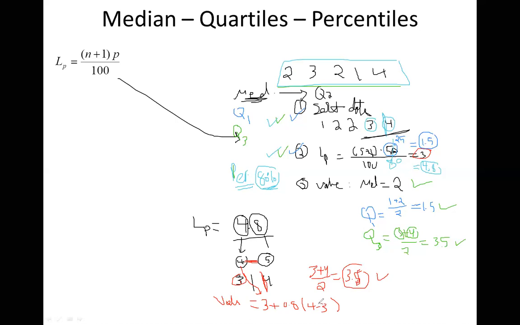What are we doing now? We are actually calculating a weighted average for these two values. I'm not giving the two values the same weight. If you say 3 plus 4 over 2, you are assuming the value 3 has the same weight as the value 4, and each one of them has a weight of half.